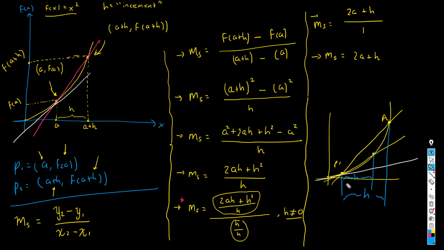The h, the increment, is getting less. And as you approach P2 towards P1 more and more, this h will approach 0 more and more. It will never be 0. Why not? Because we are not allowed to say that h is 0, but we can approach it to 0 no matter how much, but never quite there.